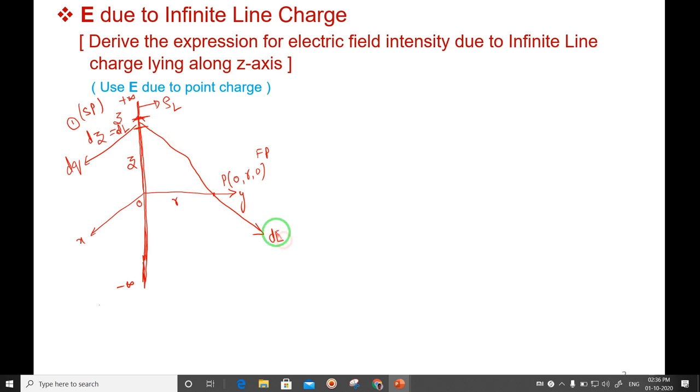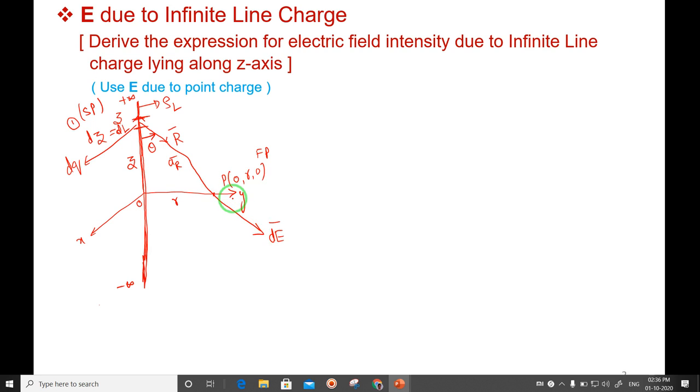This is the differential electric field intensity due to the differential length dl. This is the distance vector r, and the unit vector is ar. The angle between the line charge and the line joining source point to field point, let me call it theta.